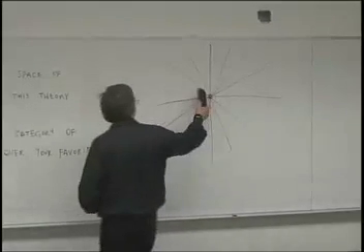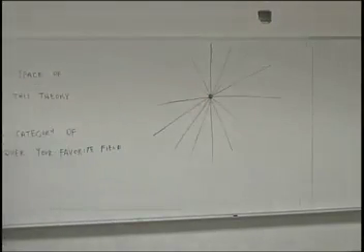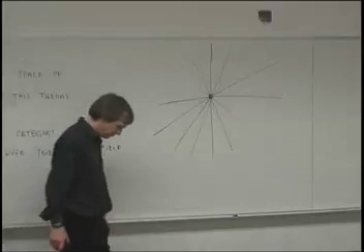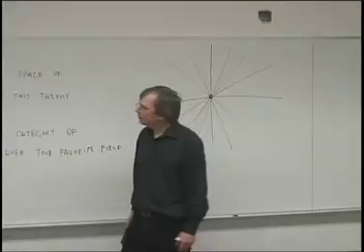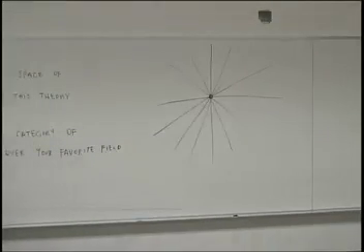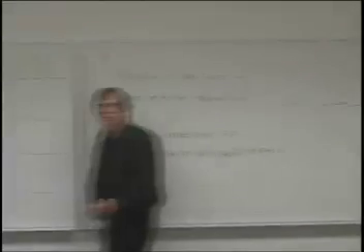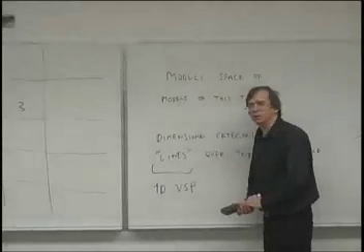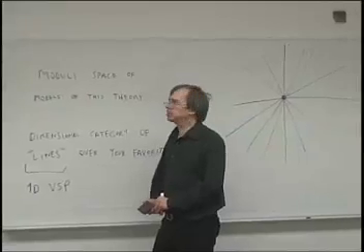Perhaps I'll get to this as a second example in a moment. But let me say a little bit more about this example that we're doing here. There are lots of nice little fun educational things that you can do with this example to learn some of the very elementary aspects of algebraic geometry.